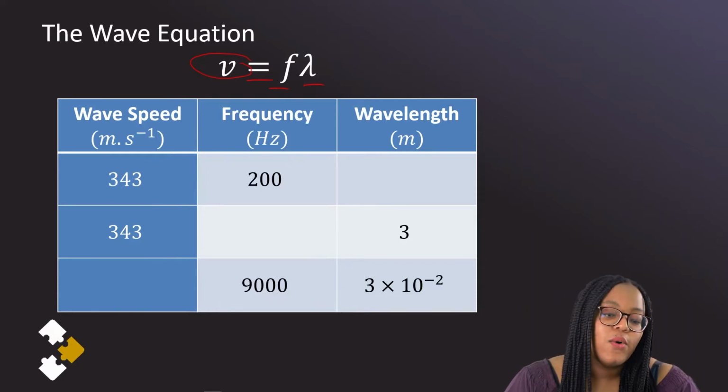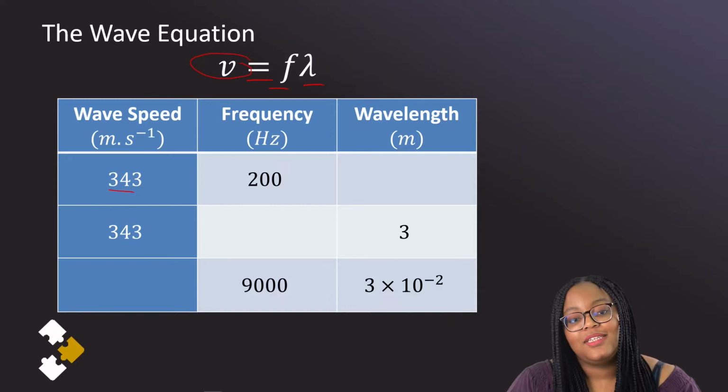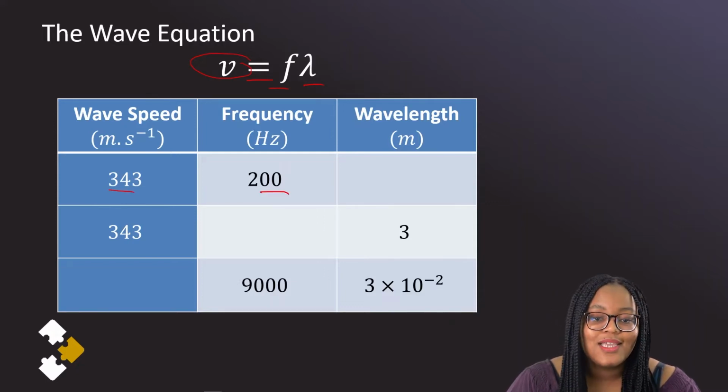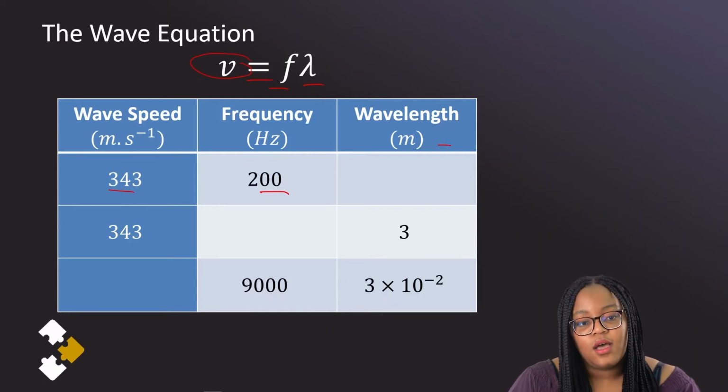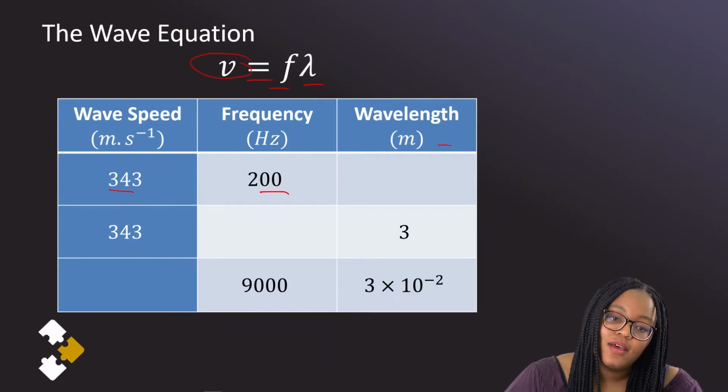Say we have waves moving at a speed of 343 meters per second with a frequency of 200 hertz. We can calculate the wavelength of those waves by plugging these values into this formula. v is equal to f lambda.